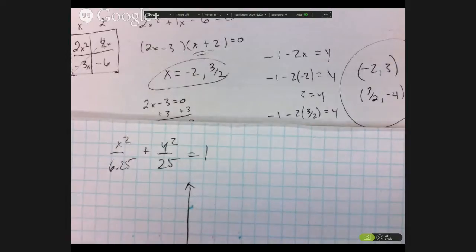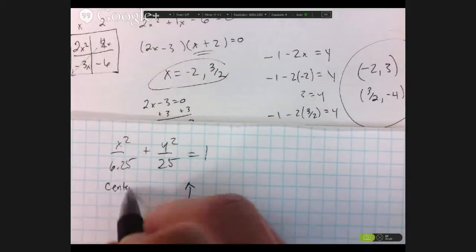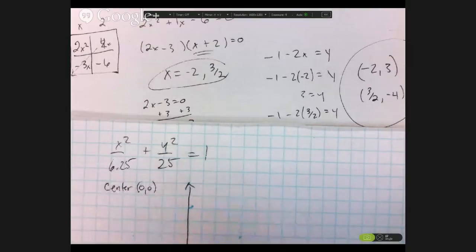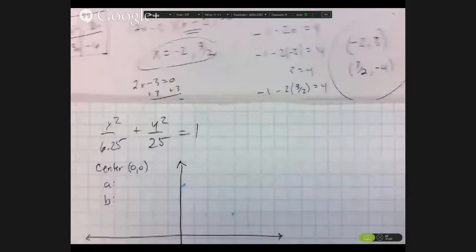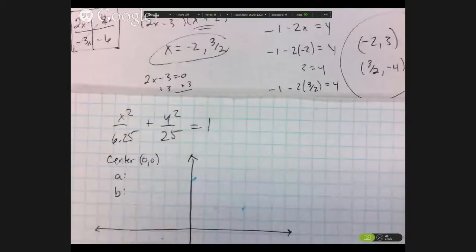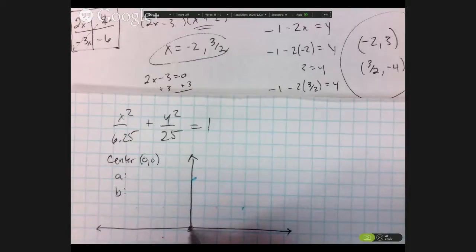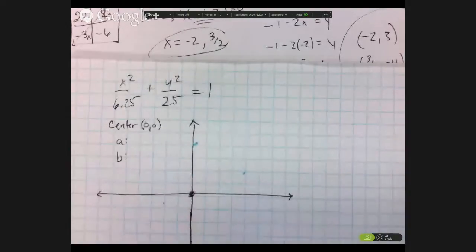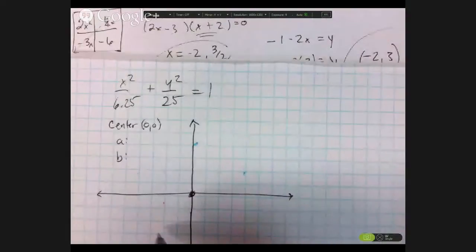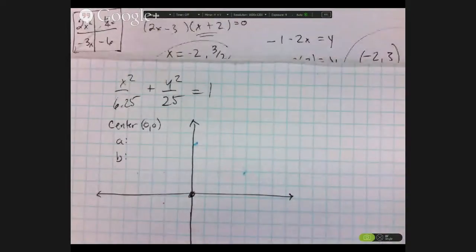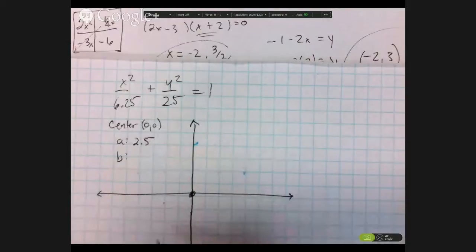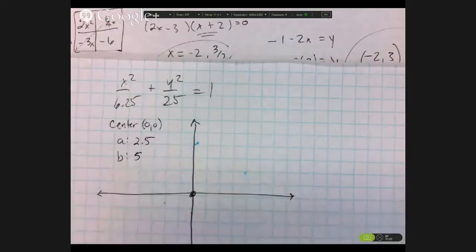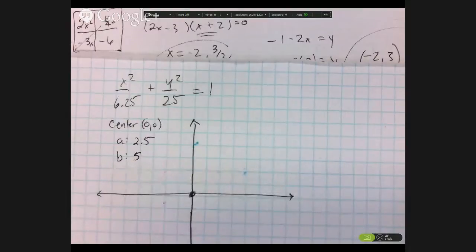What's the center? Okay, what's A? A squared is 6.25. So what's A? It's the square root of 6.25. And B? So is this vertical or horizontal?